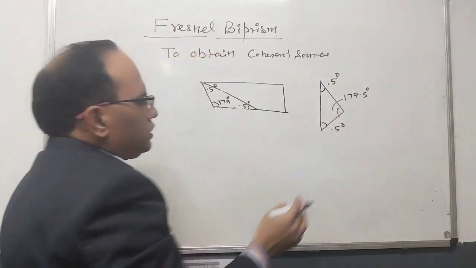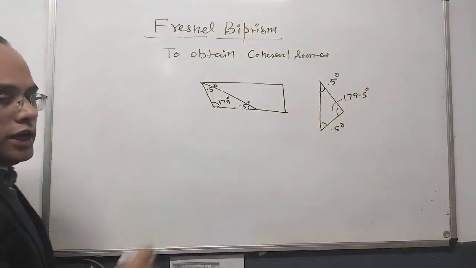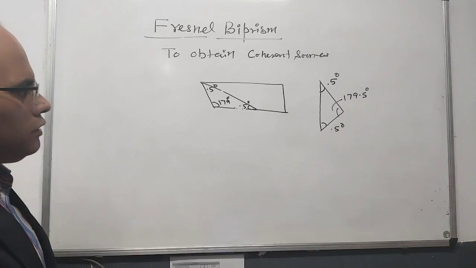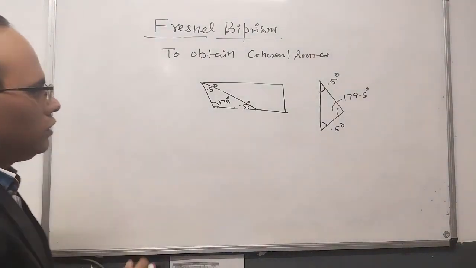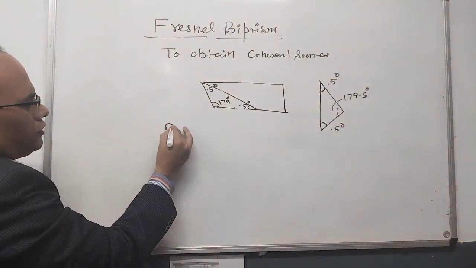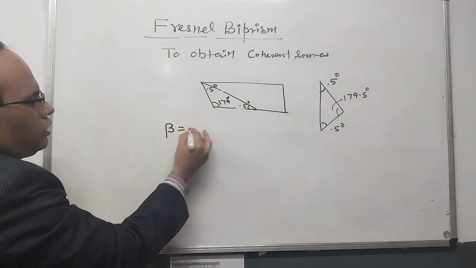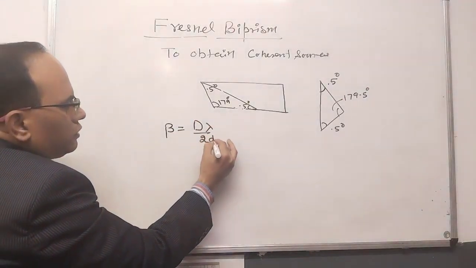So how does it work? Let's understand the basic diagram, and later on we will understand how to calculate the wavelength of a given source. The very famous formula is that beta is called the fringe width, and it is equal to D lambda upon 2d.